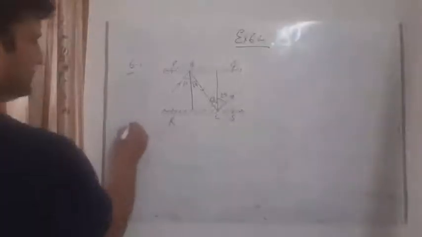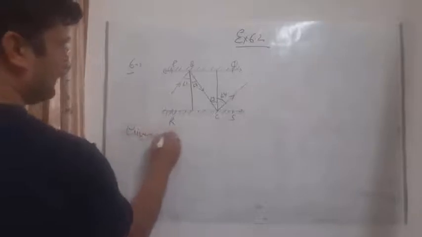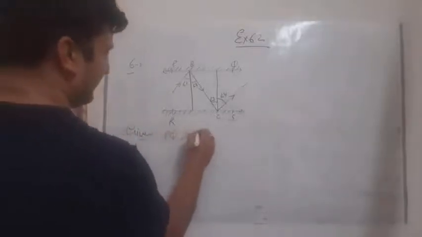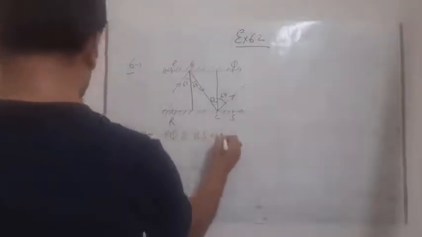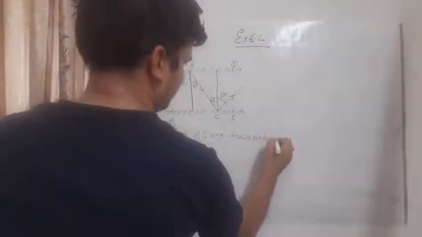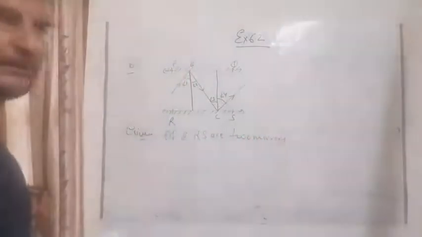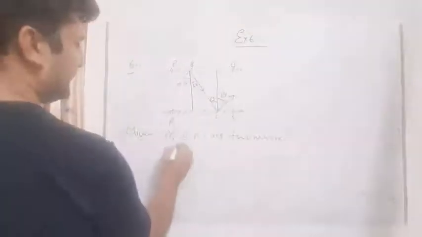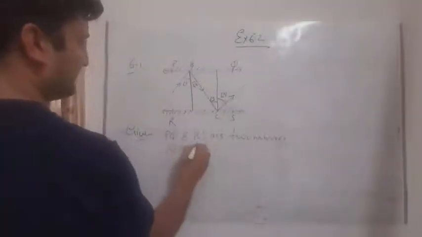What is given? You have to write: given PQ and RS are two mirrors. It is given, we have to write it first. And PQ is parallel to RS. It is also given.